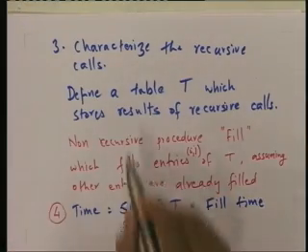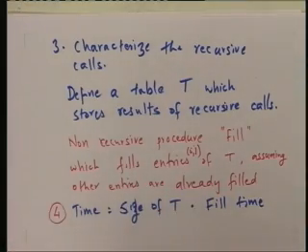So, if we can do this with a small enough table, and if we can show that each entry requires only a small amount of time to be filled, then we will have a fast algorithm. And our hope is that this strategy will give us a fast algorithm for the longest common subsequence problem.